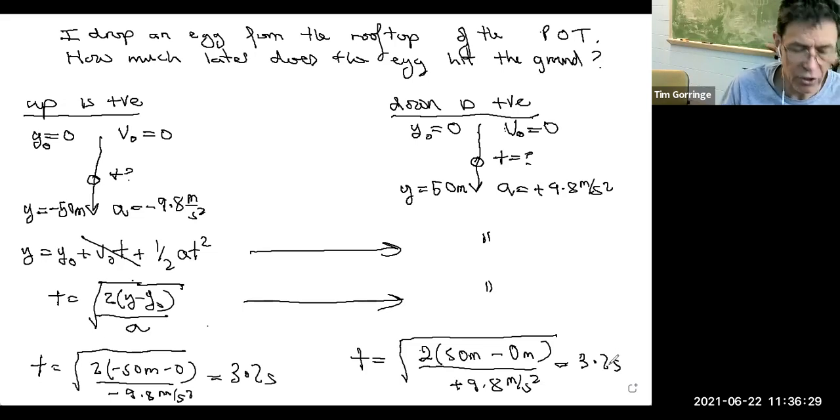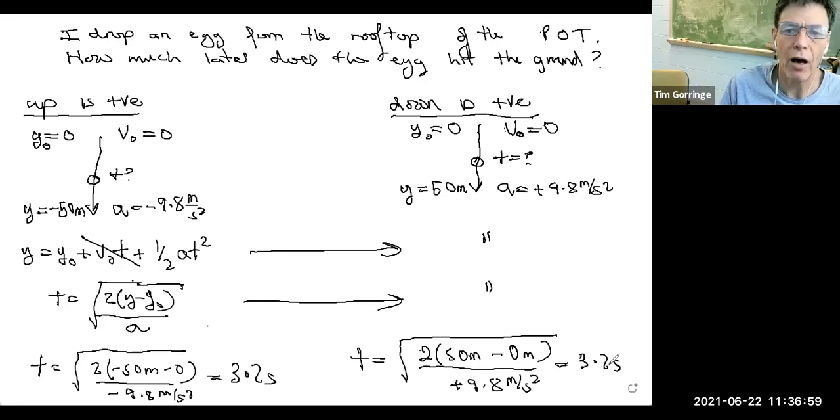Now, in the two calculations, the displacement of the egg was either negative or positive 50 meters. The acceleration of the egg was either negative or positive 9.8 meters per second squared. But when it came to the calculation of the time, we got the same time, 3.2 seconds, as it should be. So it didn't matter whether we chose up to be positive or down to be positive.